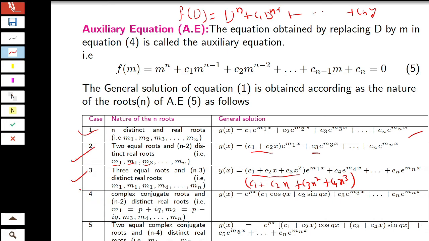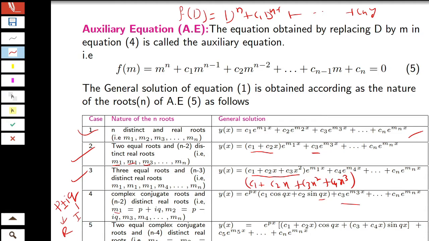Come to complex roots. They always come in pairs, p plus or minus iq. So if m1 is p plus iq and m2 is p minus iq, and the remaining are real and distinct, then we write the solution as follows. Here p is called the real part and q is called the imaginary part. For the real part we write e power px into c1 cos qx plus c2 sin qx, and the remaining are real and distinct.